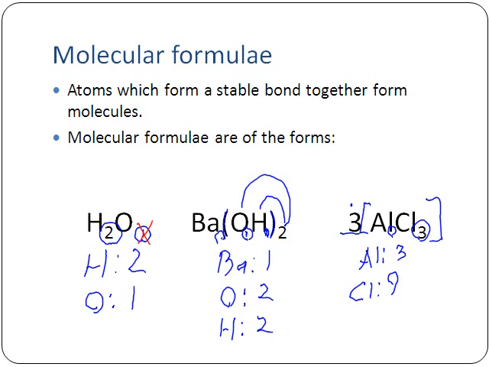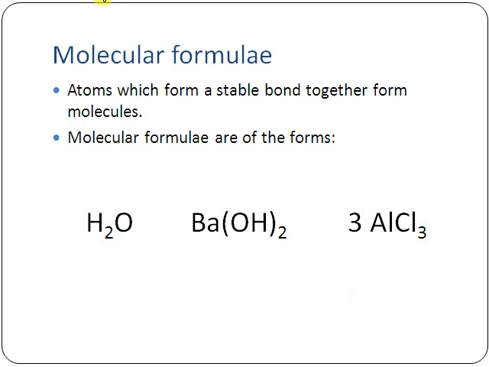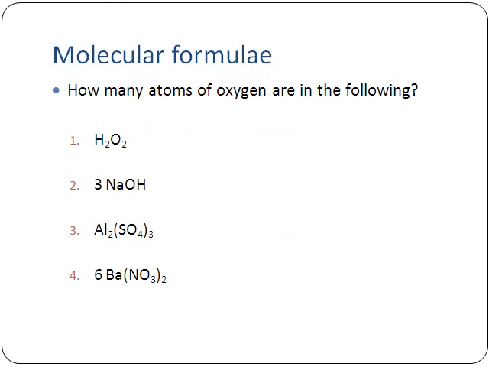So let's do some example work, get an idea of how to set this up. This one asks how many atoms of oxygen are in each of the following. For our first one right here, let's take a look. Is there a subscript directly after the O? The answer is yes, it's right there, that 2. There is no number out front, so that means it's a 1, we don't have to worry about that.